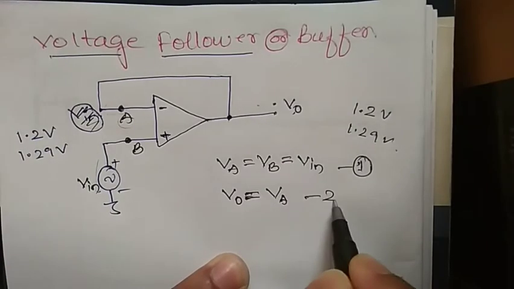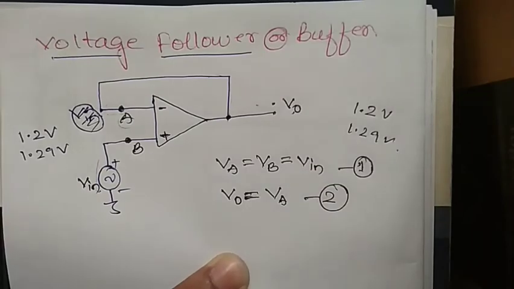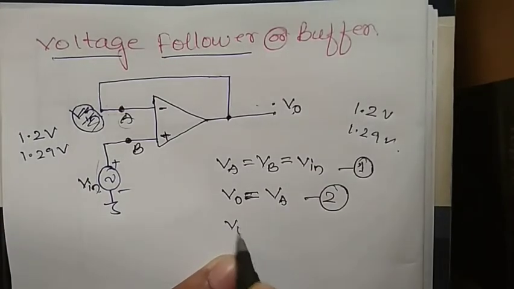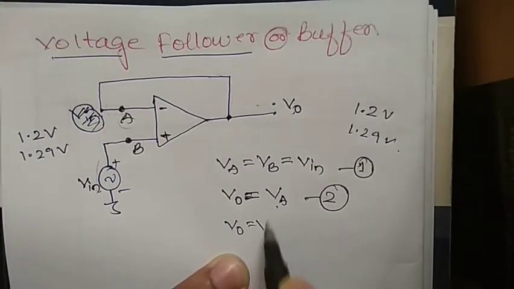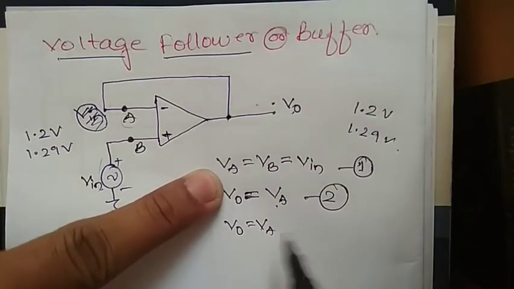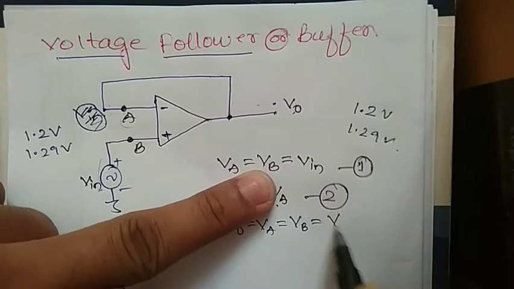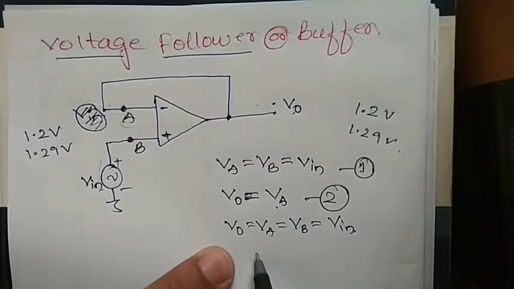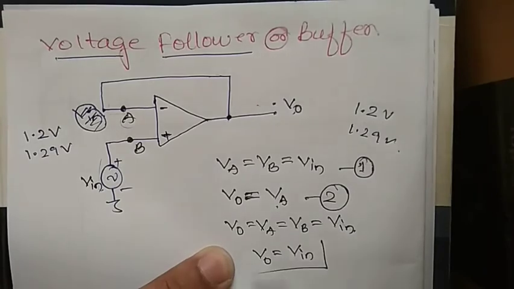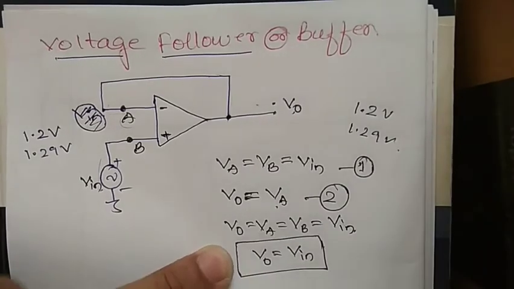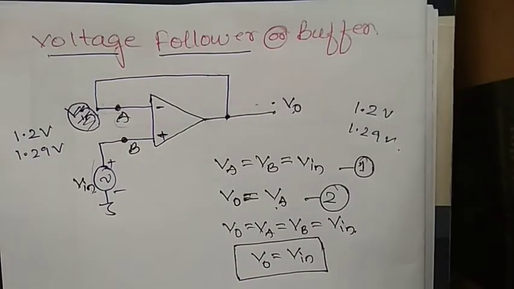Using this equation, we define V0 equals VA, using equation number 1, equals VB equals Vin. It means indirectly we defined V0 equals Vin. This is treated as a voltage follower.